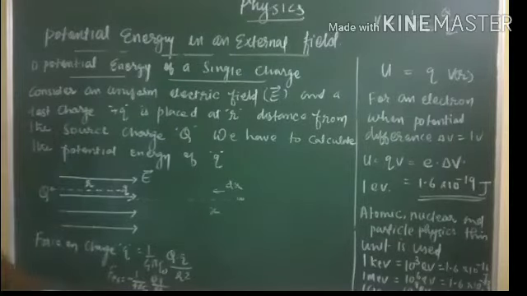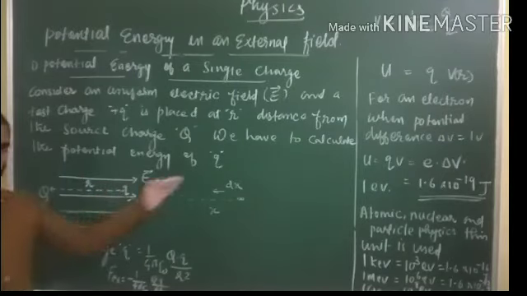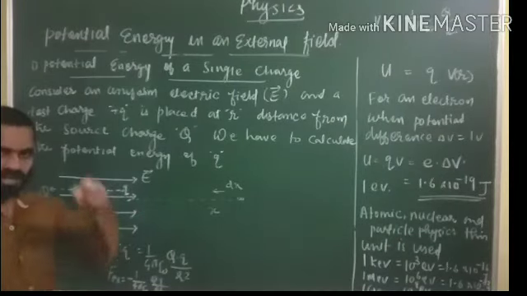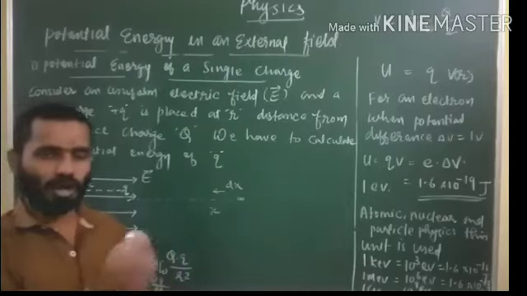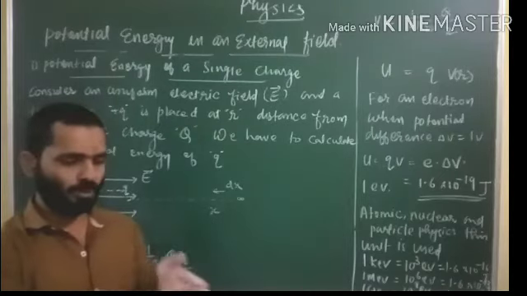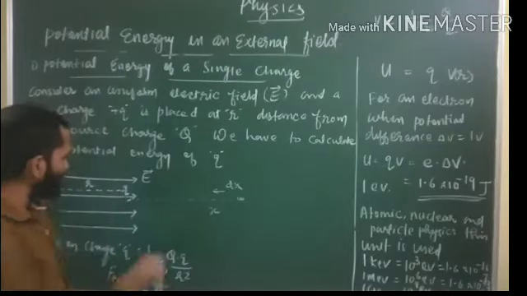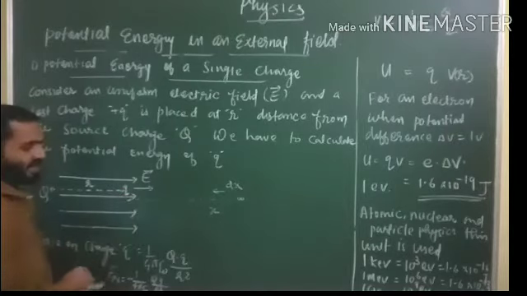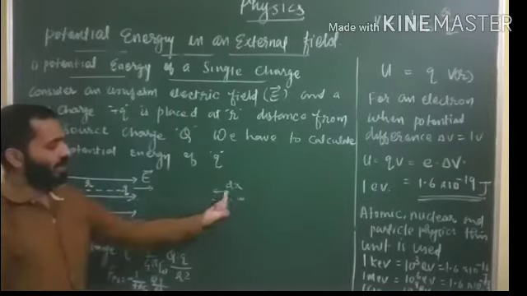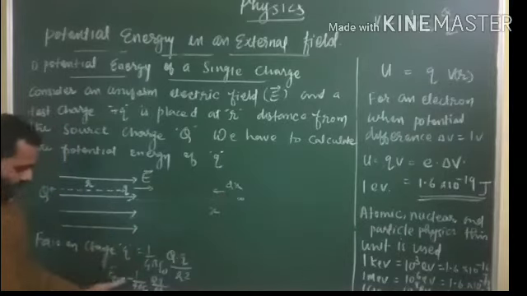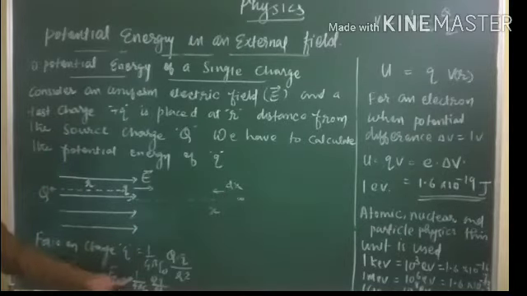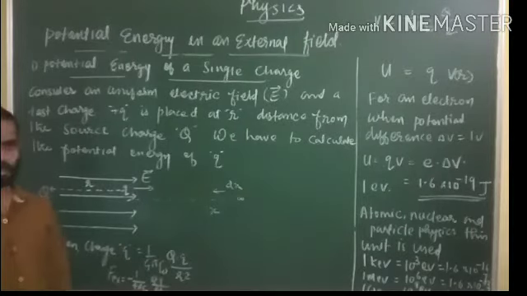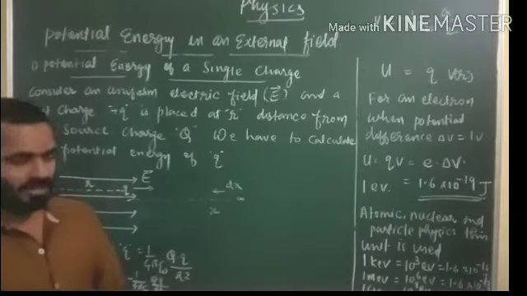It means whatever force is acting on that charge, that same amount of force you have to apply, but your force will be in the opposite direction. Coulomb's law force is acting in this direction, but we are applying a force in this direction. So we have to give a minus here. Minus 1 by 4 pi epsilon naught q into q divided by r square. That is your F external.